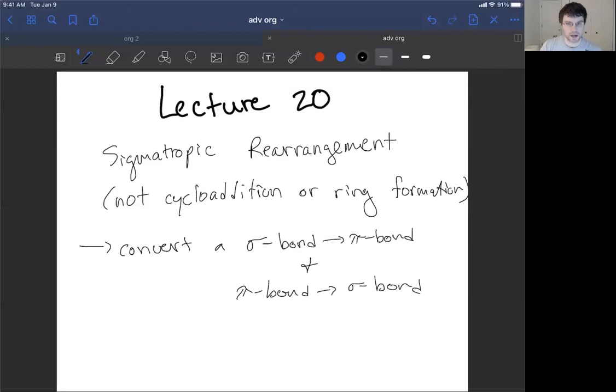At this point, it's not obvious where the thermodynamic driving force comes from, whereas in the previous reactions, we talked about the energy released as we formed sigma bonds at the expense of weaker pi bonds. And so let's look at an example of this.